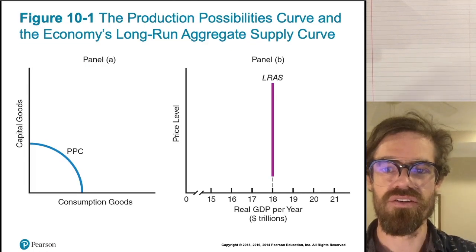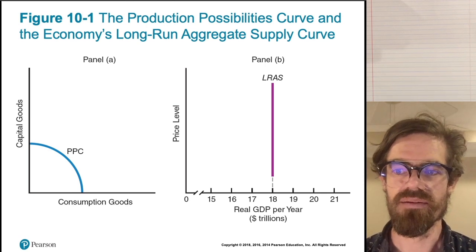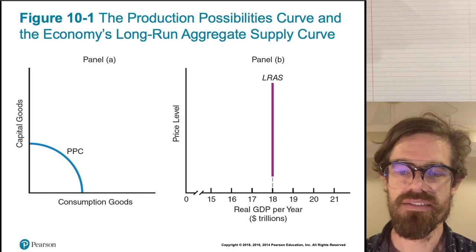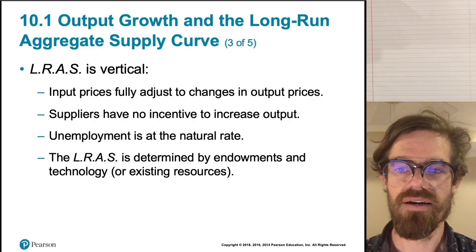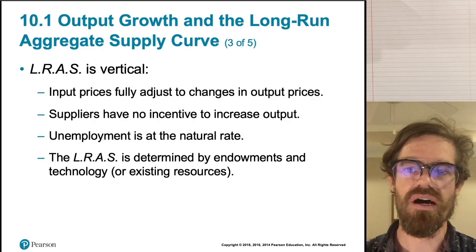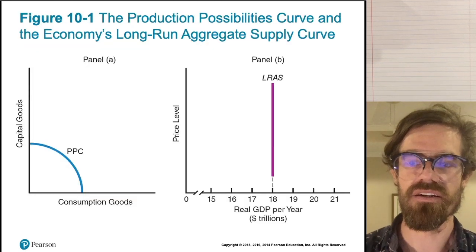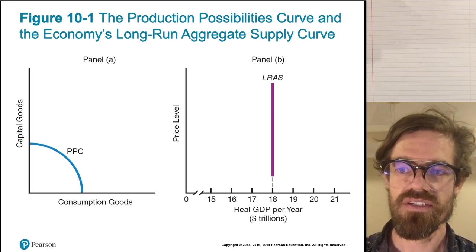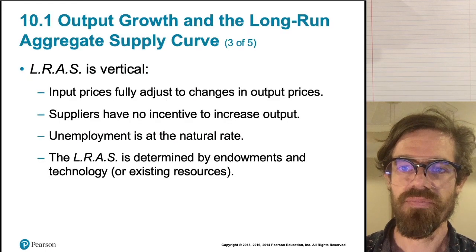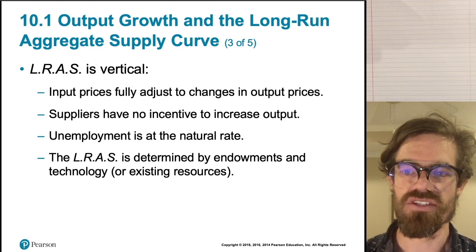Okay, so relating long run aggregate supply back to our PPC, this is what it might look like. We've got our PPC, we've got long run aggregate supply. Now, let's think about why it's vertical. If we go back one second, the long run aggregate supply curve is the purple curve on the right-hand side graph. Why is it vertical? Well, basically, input prices have fully adjusted to changes in output prices.